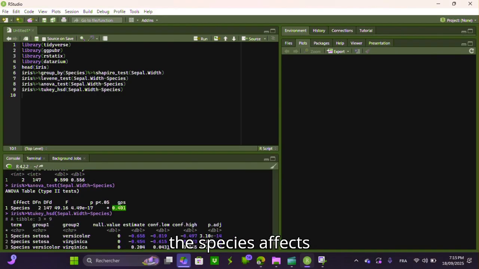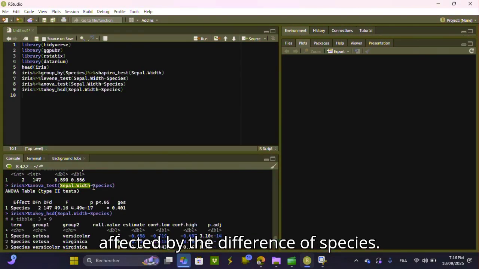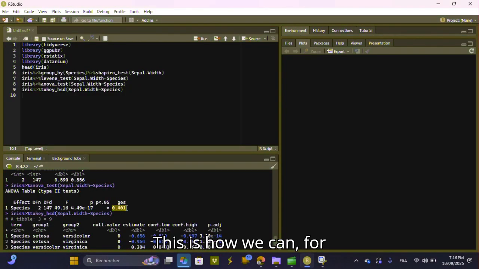In this case, species affect sepal width by 40%. So 40% of the variance of sepal width is explained by the difference of species. This is how we can, for example, describe or interpret the results of effect size.